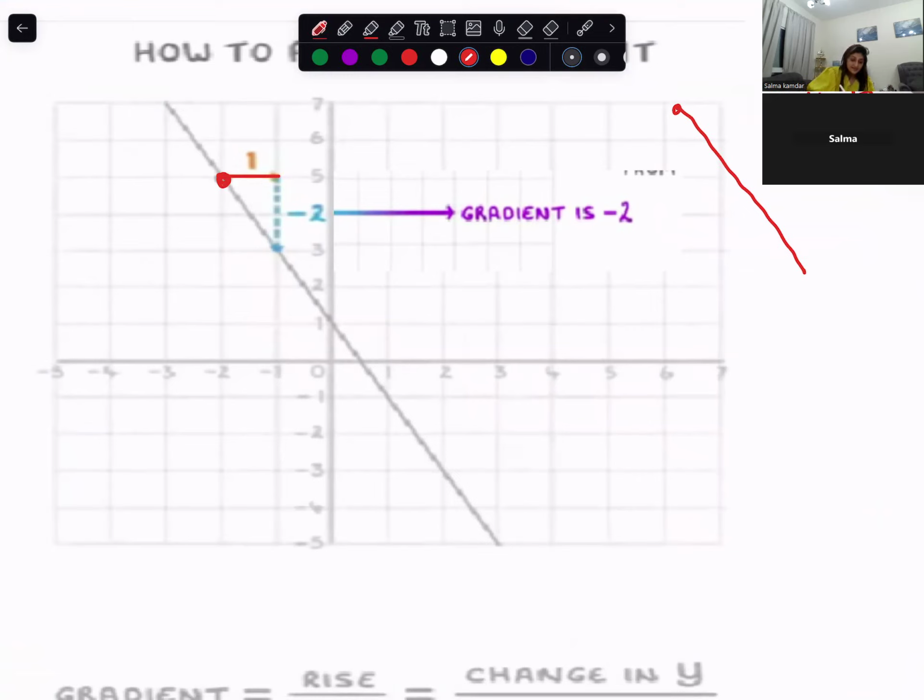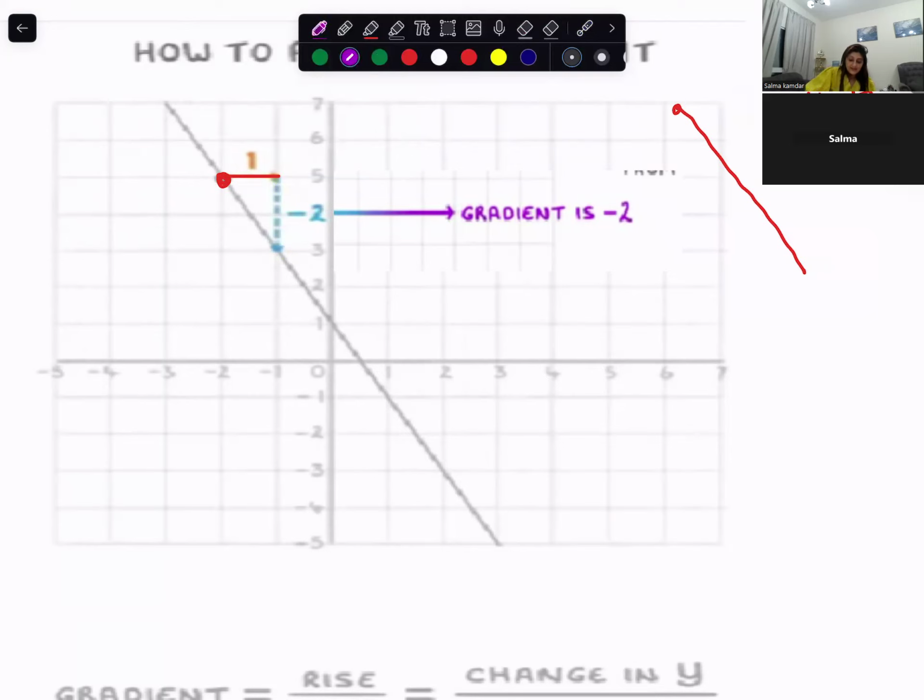Okay. In this case, you're not going to take it over here because from here you can't go. So one movement across is going to go downwards. How many places? 2 places. So the gradient is negative.